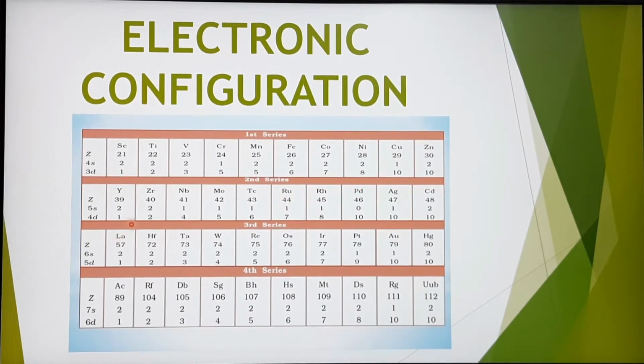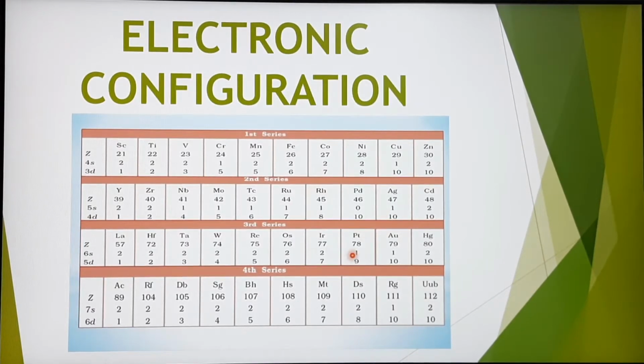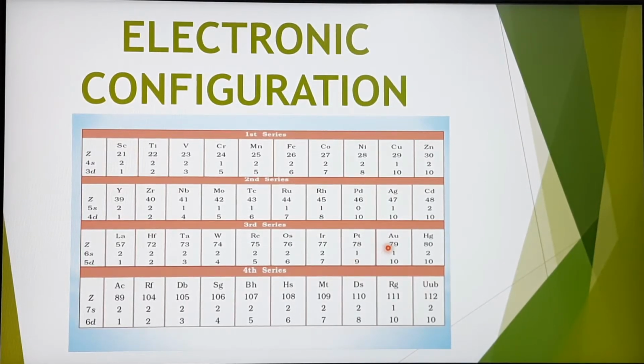Now in the second series, the exceptional configurations are of niobium, molybdenum, then ruthenium, rhodium, then palladium and silver, meaning successive sequence-wise filling is not followed here. In the second transition series more exceptions are there as compared to the first transition series, while in the third transition series the exceptional configurations are platinum and gold.